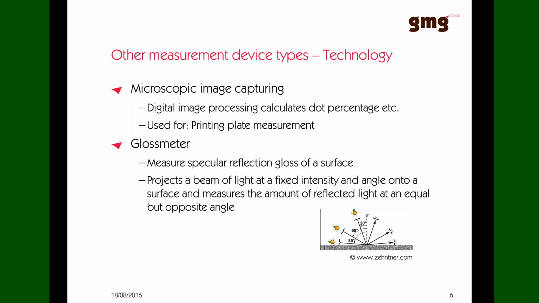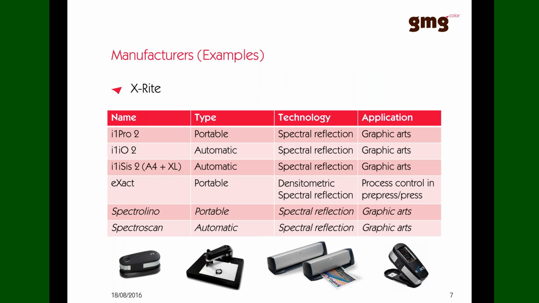So let's continue now. We will now be talking mainly about spectrophotometers, but now let's talk about a few of the manufacturers of measurement devices. I just have a few examples, and also from each measurement device vendor, I also just selected a few of the devices they have and they support.